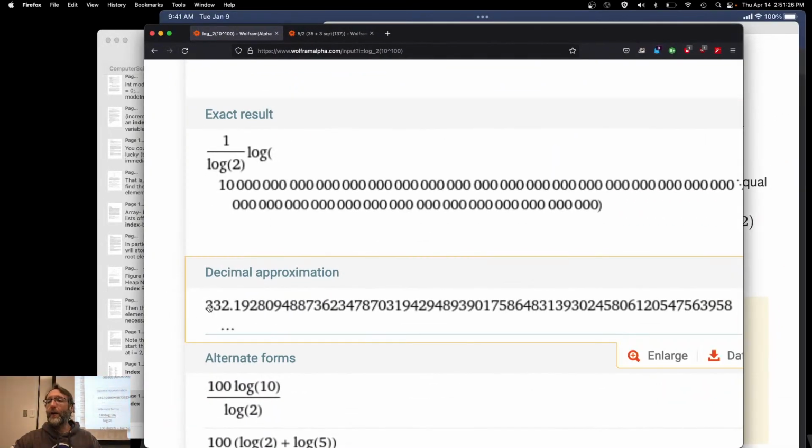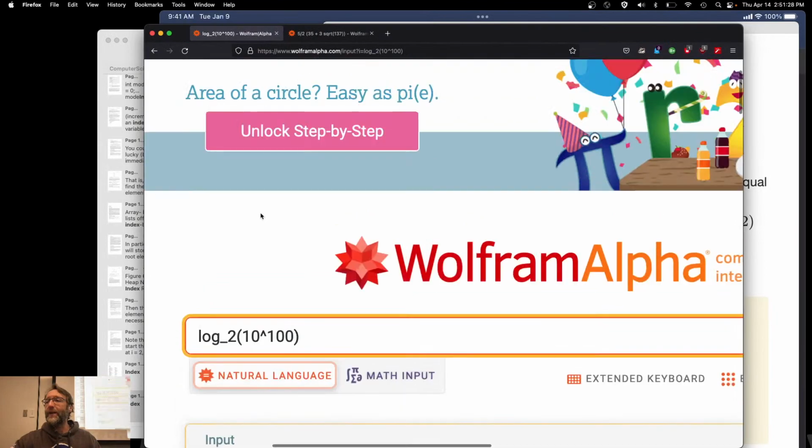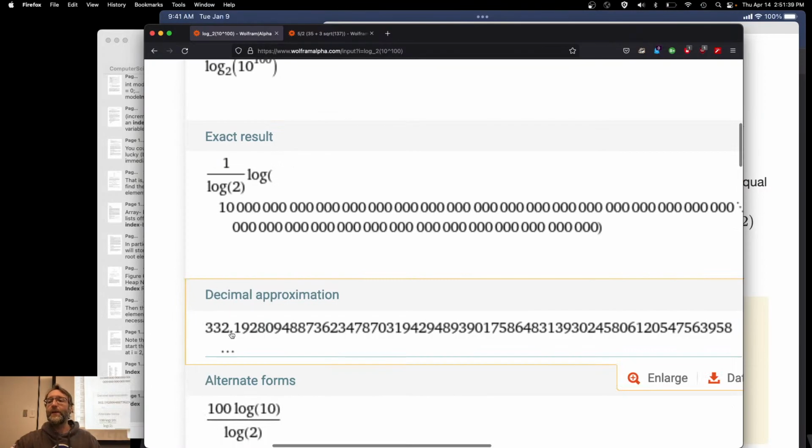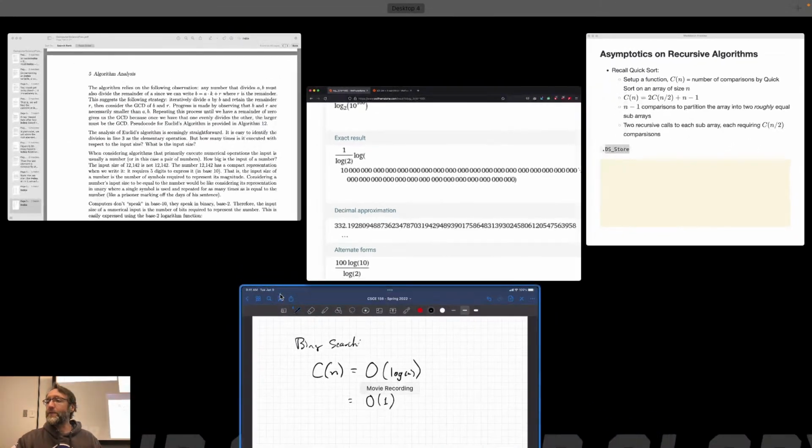Right? You're talking about 300 comparisons instead of 10 to the 100 comparisons. Something that is completely infeasible by any computer at all in the known universe versus something that can be done on any old desktop. Right? As long as you have it sorted first. And that's what computers do.